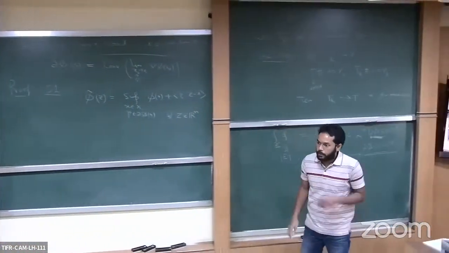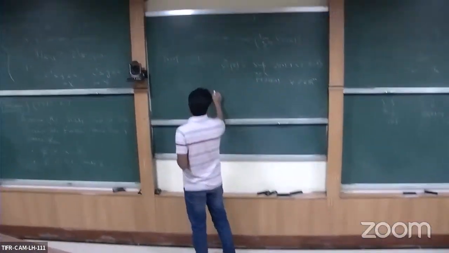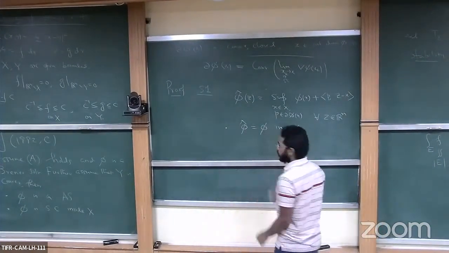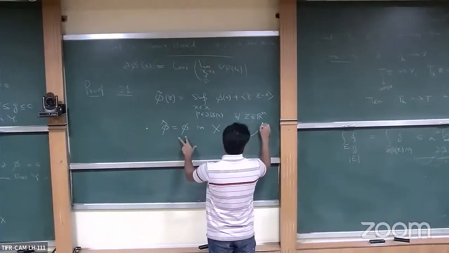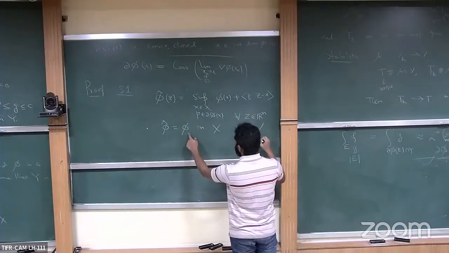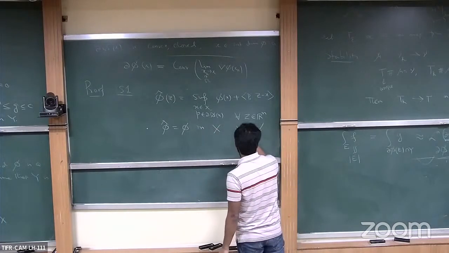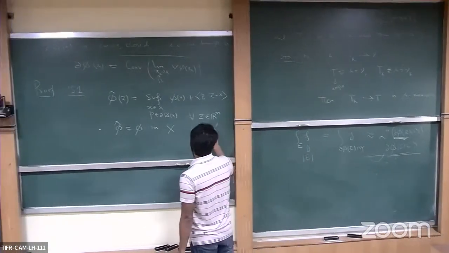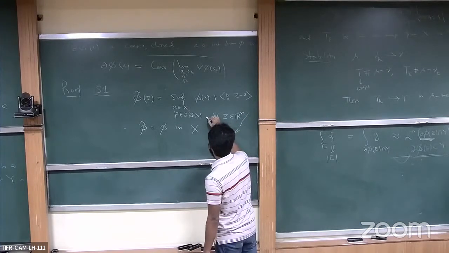We just extend it and try to see what happens outside the set Y. The first observation is that phi hat equals phi in X. Because of that, if you take an interior point, at least locally, every subdifferential of phi is a subdifferential of phi hat and vice versa. And above that, we don't know anything.